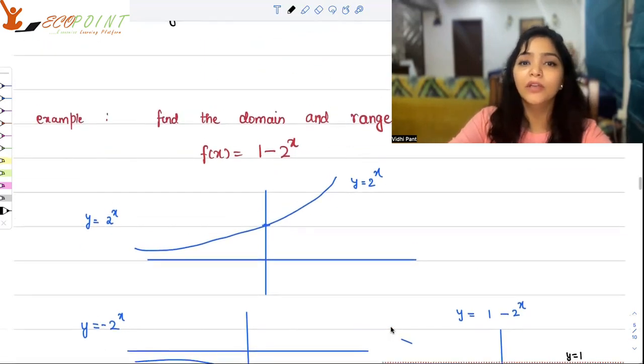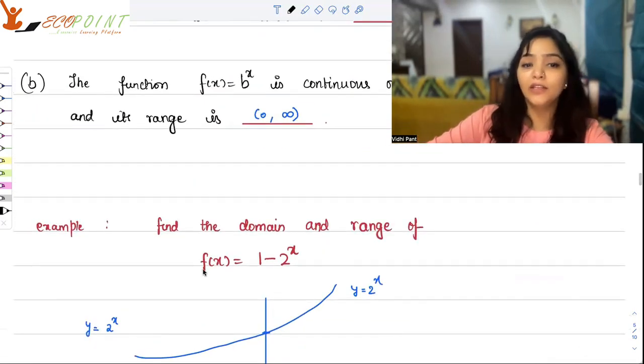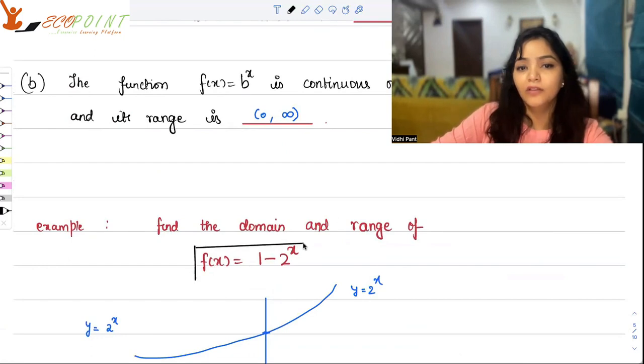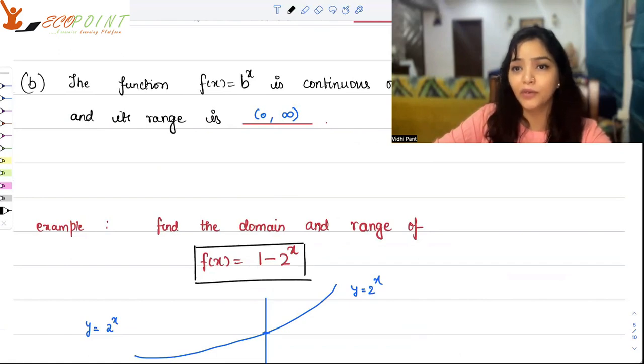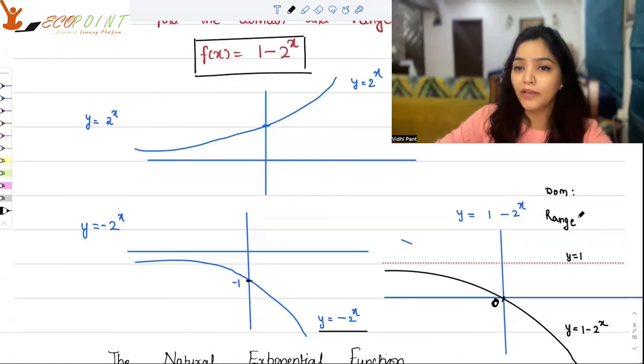Now talking about the domain and range of this function. If you've understood graphically what the domain and range will be, pause here and try to write it down yourself. Can you say what kind of x's we are taking up? We are taking all the x's from minus infinity to infinity into consideration while graphing it, right?